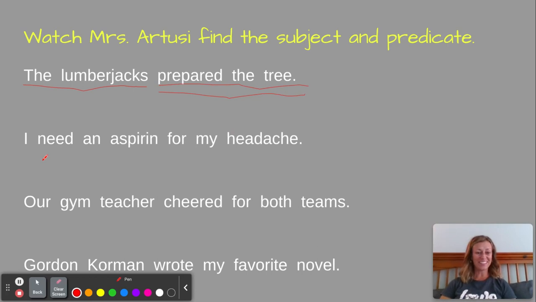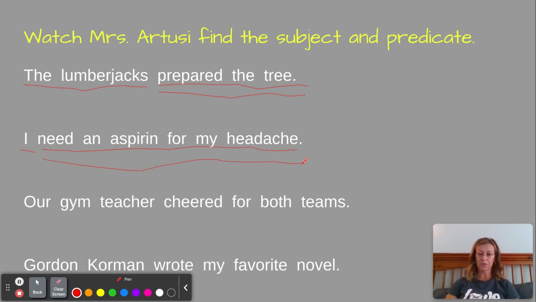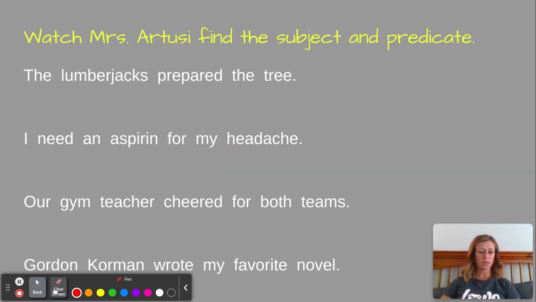Sorry for my squiggly lines. I'll do one more. I need an aspirin for my headache. Who needs an aspirin? I do. And what is being said about I? Well, I need is the verb. I need an aspirin for my headache must be the complete predicate. So that's a quick tutorial there. I'm going to clear the screen and we're going to go ahead.